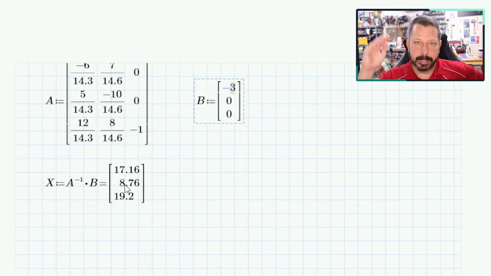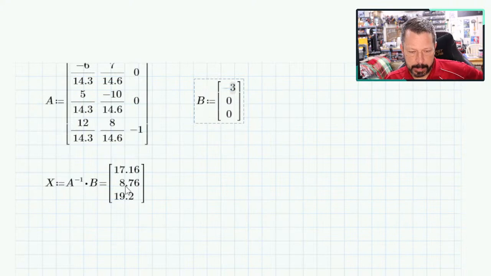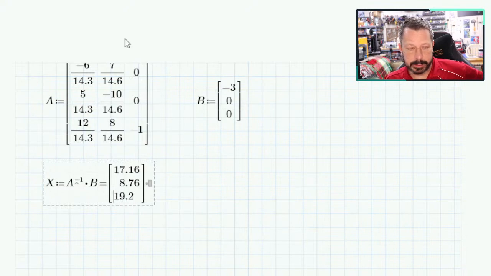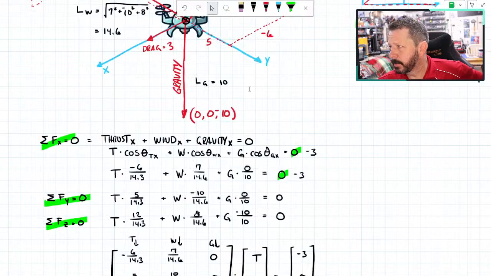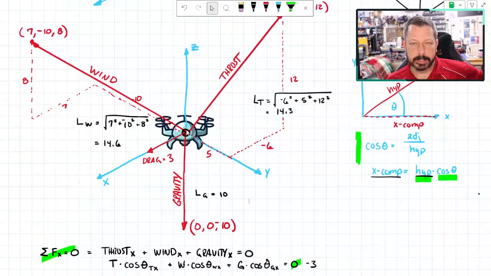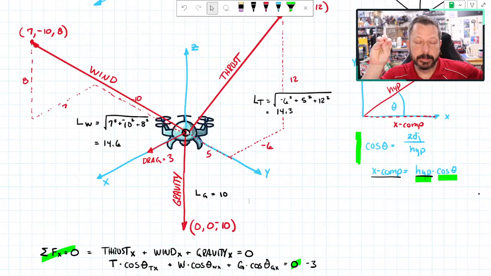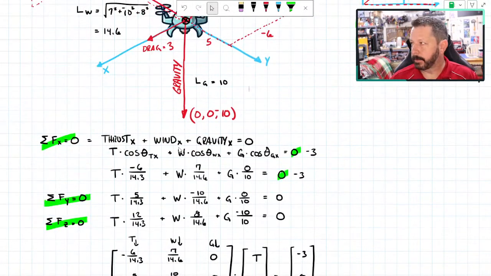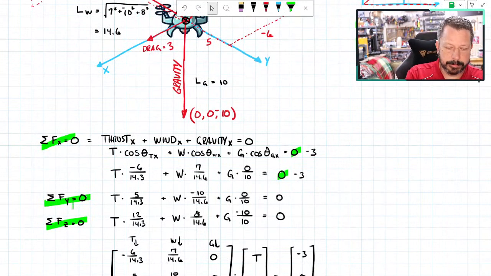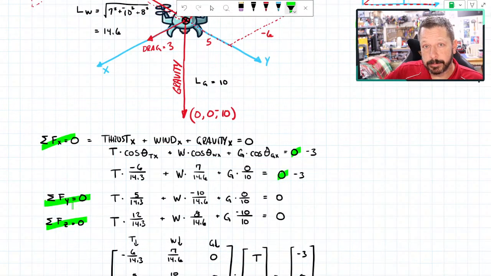So the wind's actually helping to lift it up. And then it has a weight, what we called gravity, of 19.2 units. All of those create a situation where this drone is hovering in space. It's not really moving anywhere. Once it starts moving, then these 3 equations on the left, the 3 with the green line through them, are not true, because the forces don't add to 0 anymore.